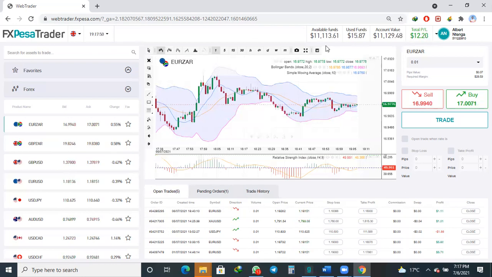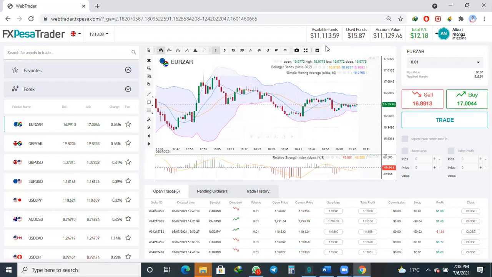Now, you expect it to be a buy, an uptrend, but then the trend of the market is going down as a downtrend. In that case, you get more losses than profits.